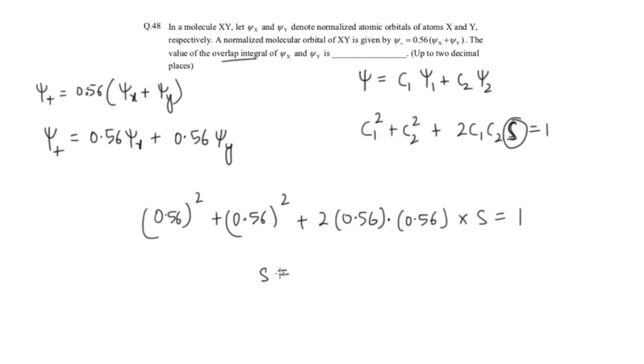So how much will S be? S will be 1 minus 2 times 0.56 square, divided by 2 times 0.56 square, okay? So just solve it out, use your calculator, and when you solve you will get 0.59. So this is the answer.